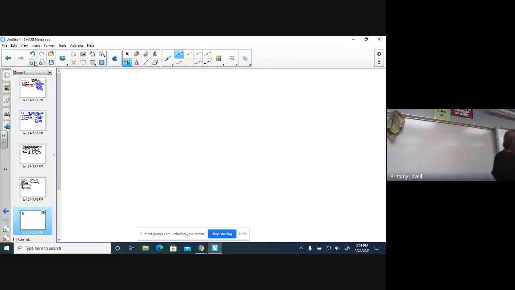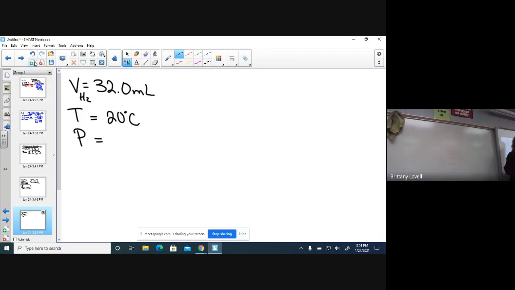So I'm going to go ahead and say, okay, that's my volume. It's 32 milliliters, and that's hydrogen gas, right? Okay, it's collected over water at 20 degrees Celsius. That's my temperature, 20 degrees Celsius, and 750 torr of pressure.